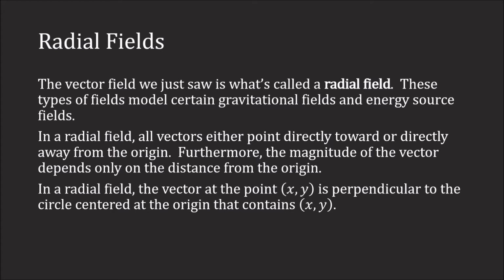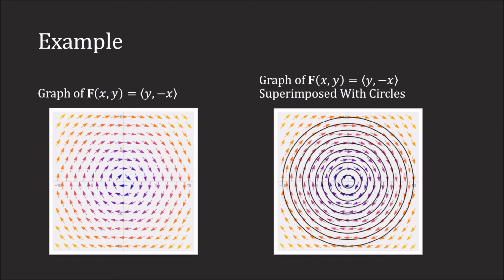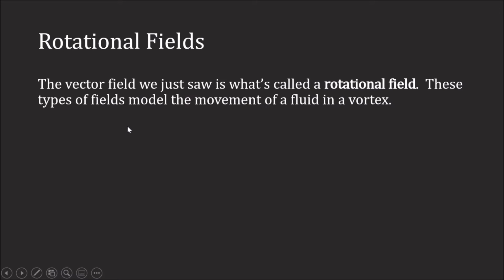Here we have another example of a vector field. This is the vector field y, negative x, and again, superimposed with circles. Now, this one, look, the vectors seem to be circling the origin. So this type of vector field is called a rotational field.